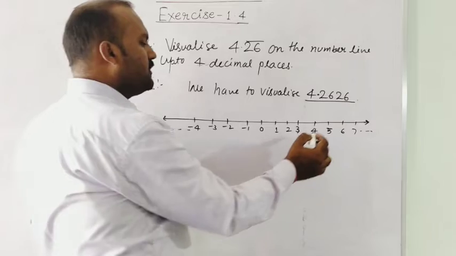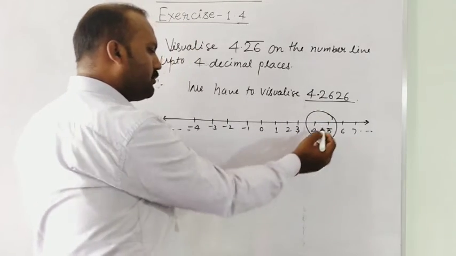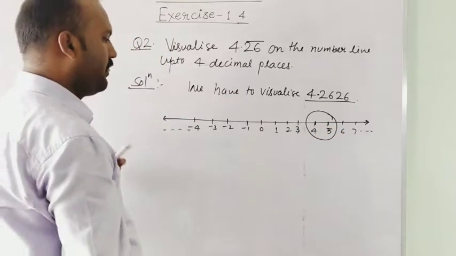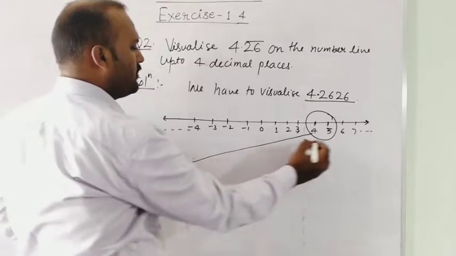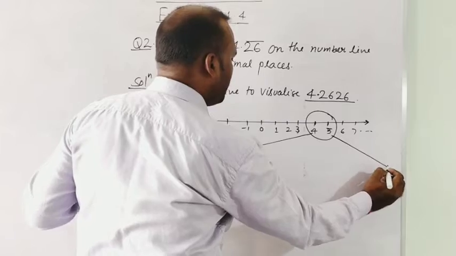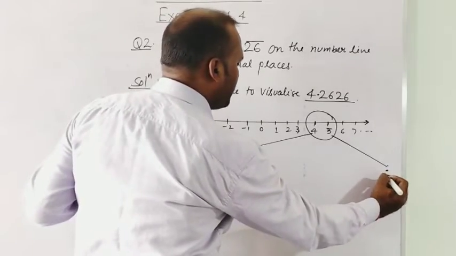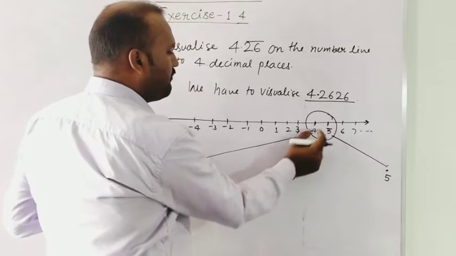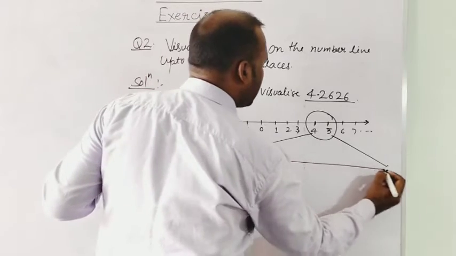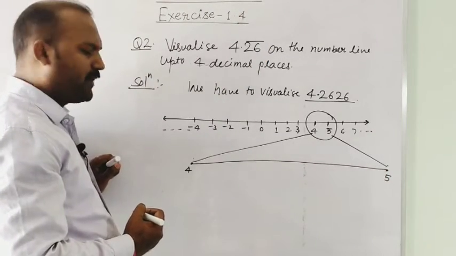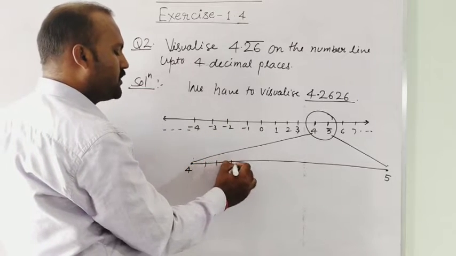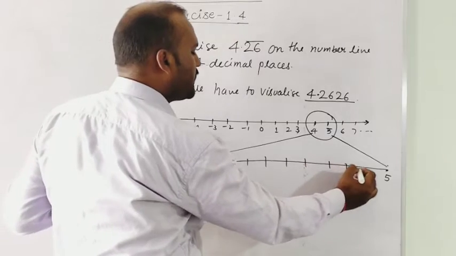So we have to magnify this number line between 4 and 5. After magnifying, you will get this number line in magnified form. Here will be 4 and here will be 5. Divide this number line into 10 equal parts: 1, 2, 3, 4, 5, 6, 7, 8, 9, 10.